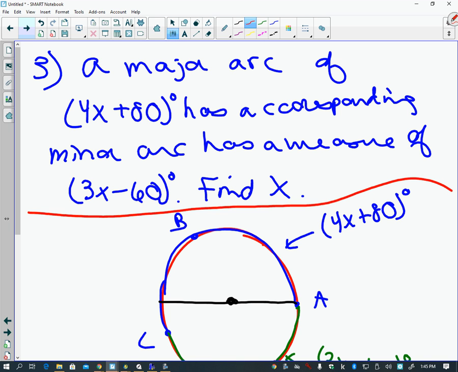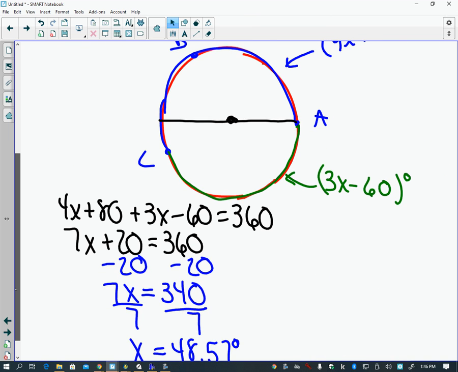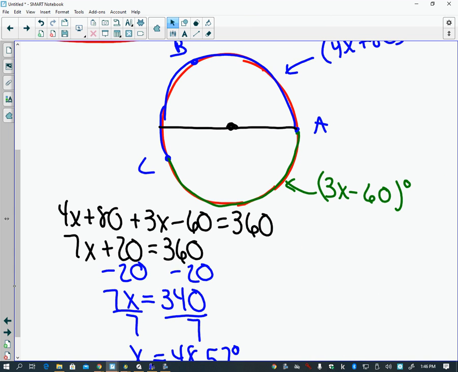So what you need to understand is that a major arc plus a minor arc equals a whole circle. How many degrees are in a whole circle? 360. Okay. So I need to add those two arcs up and set them equal to 360, solve for x.